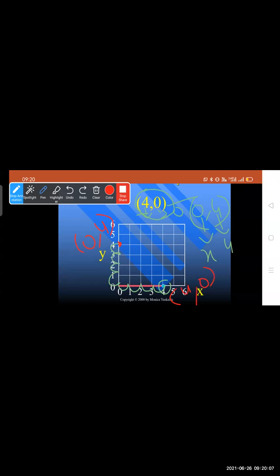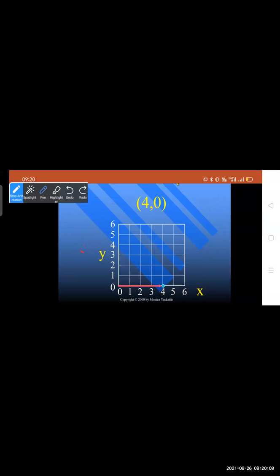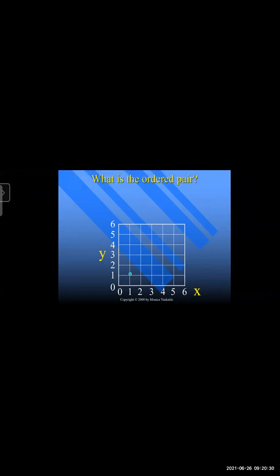The x coordinate and y coordinate are also called abscissa and ordinate. If the abscissa is 0, then we plot the point on the y-axis. If the ordinate is 0, then we plot the point on the x-axis.